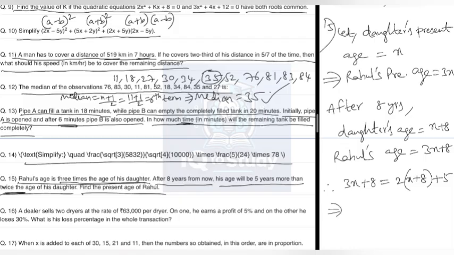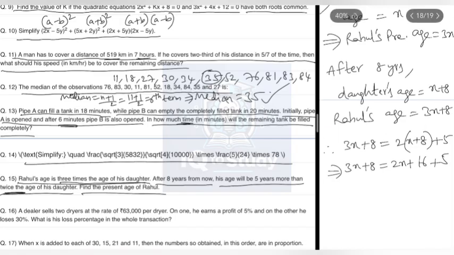That implies 3x plus 8 is equal to 2x plus 16 plus 5, which implies x is equal to 13.